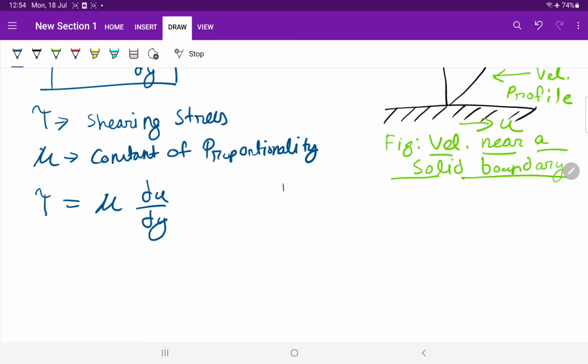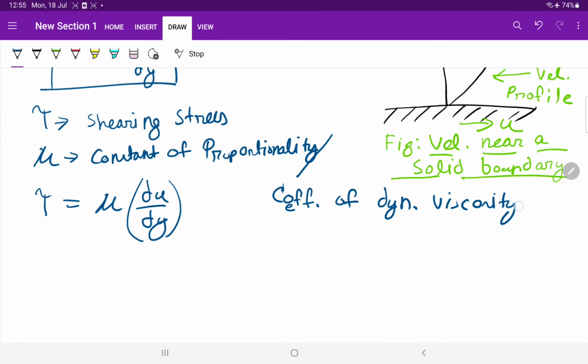Now this mu, the constant of proportionality, is called the coefficient of dynamic viscosity.